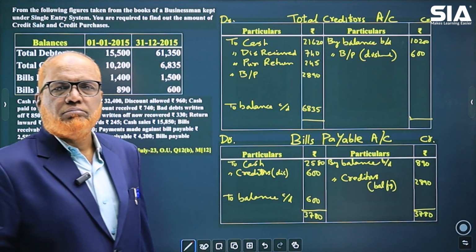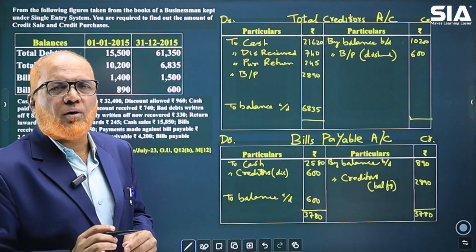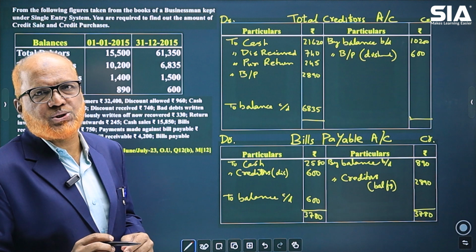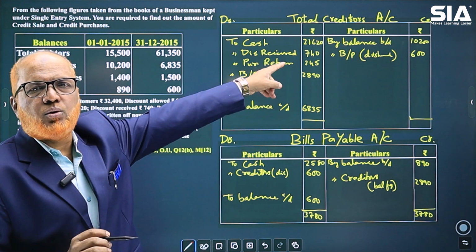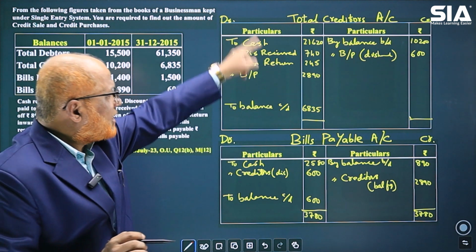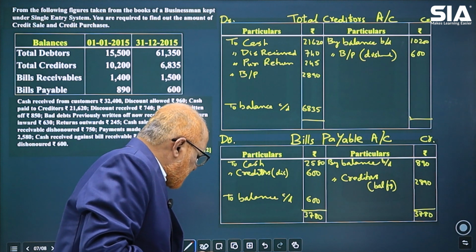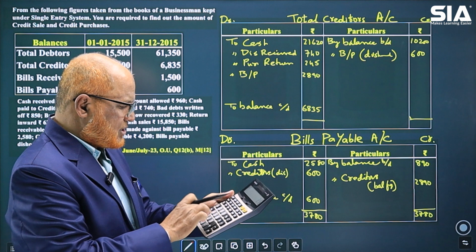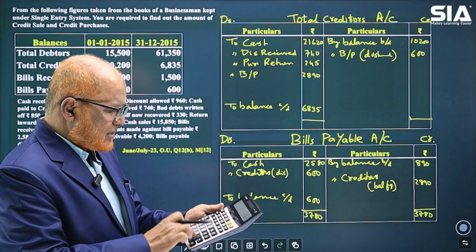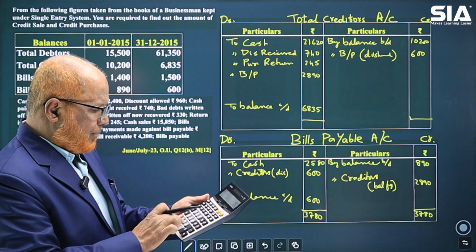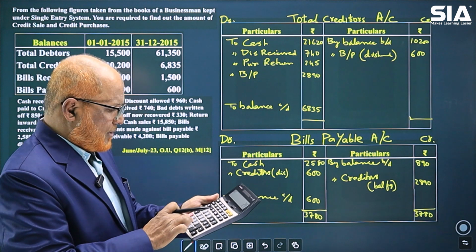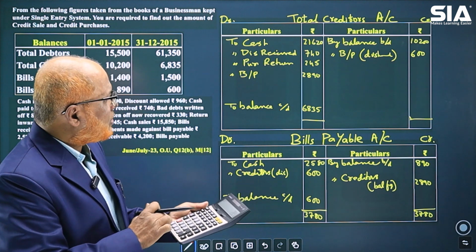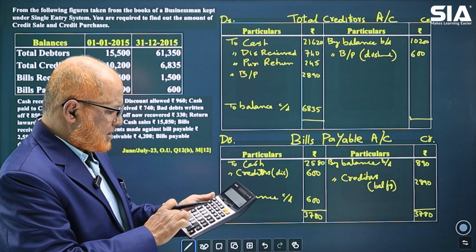That's all. Now finally we have to find out the credit purchases, the balancing figure in the total creditors account. Take the total of the debit side. So you can see here 21,620 plus 740 plus 245 plus 2890 plus 6835.